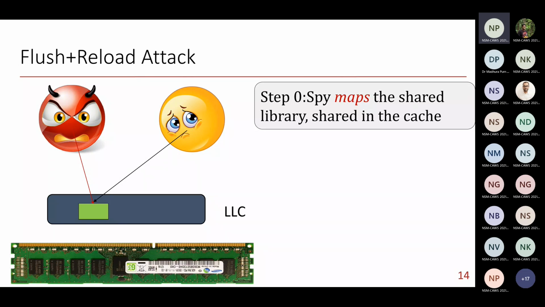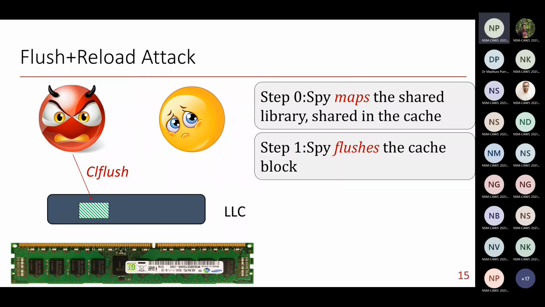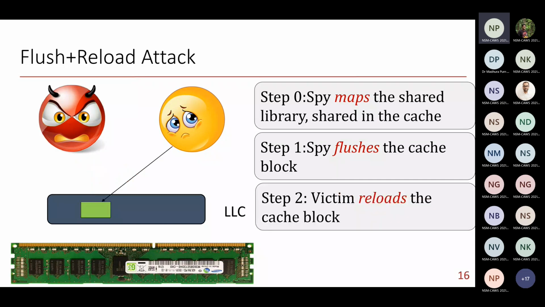But remember, the goal is to find out whether the victim has accessed it or not. Okay, so this is the process. The spy maps the shared library, so that means it will be mapped into its own address space. So obviously it will be there in the cache. Then the spy flushes.